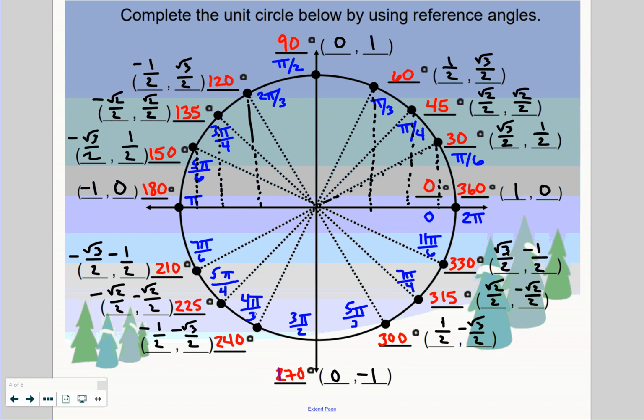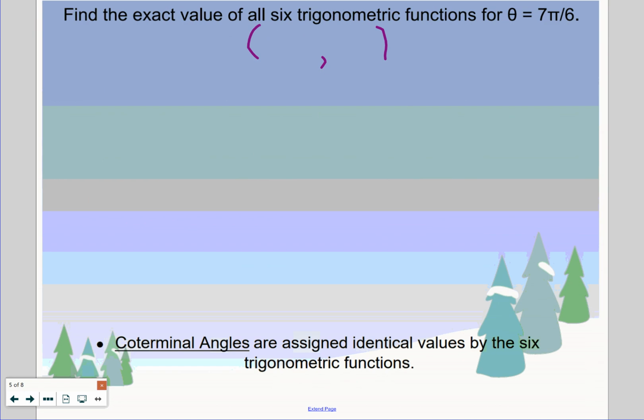All the ones that are over 3 are our 60-degree reference angles. All the ones over 4 are our 45-degree reference angles. So again, if you know quadrant 1, you know all the points on this circle. You just have to remember what quadrant things are in to get those plus and minus signs. All right, so let's fill our point in. Negative rad 3 over 2 and negative 1/2.